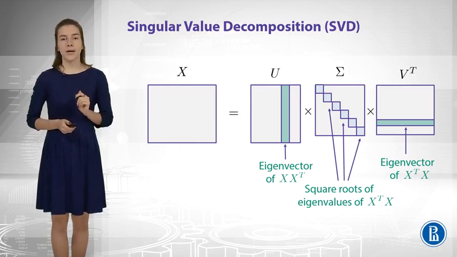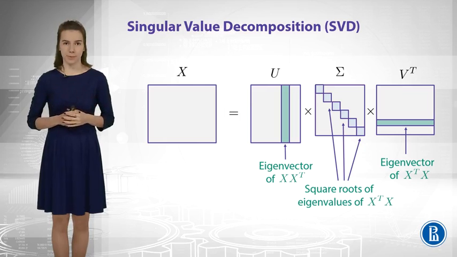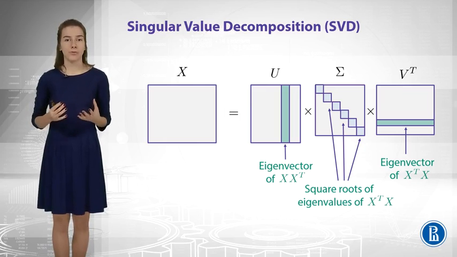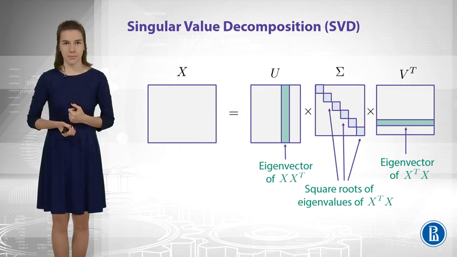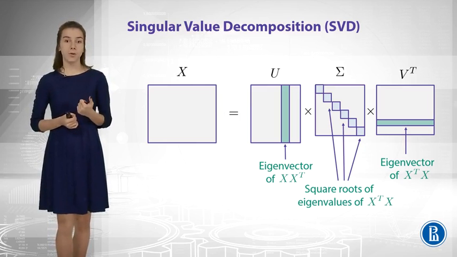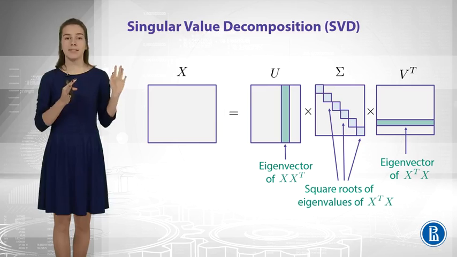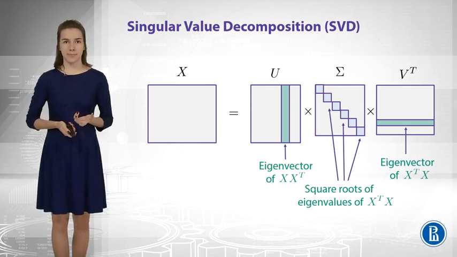Now, importantly, those values on the diagonal will be sorted in the decreasing order. And how many of them do we have there? Well, the number of those values on the diagonal will be the number of non-zero eigenvalues of X transposed X. So it is related to the rank of that matrix.